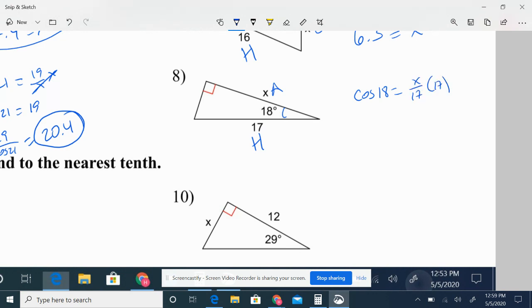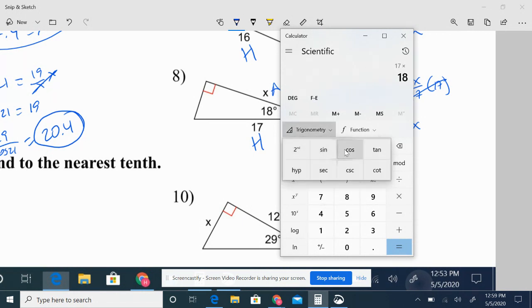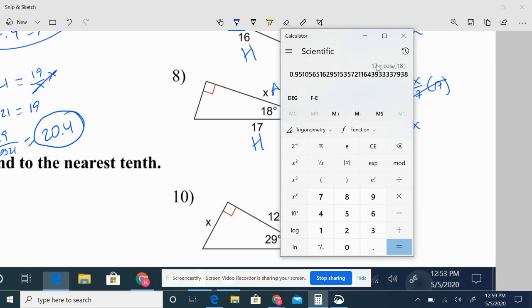My x is on top, so I multiply both sides by 17 to get rid of the fraction. 17 times cosine of 18. Let's see. So I have 17 times cosine of 18 equals, I want to call this 16.2. Right? The 6 pushes the 1 over, so 16.2.